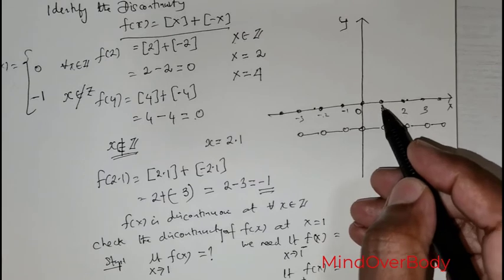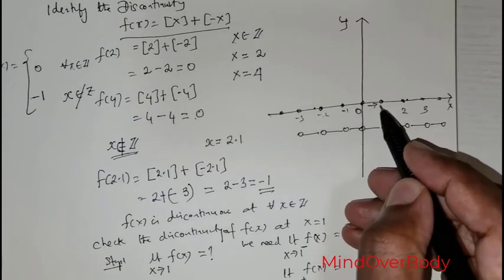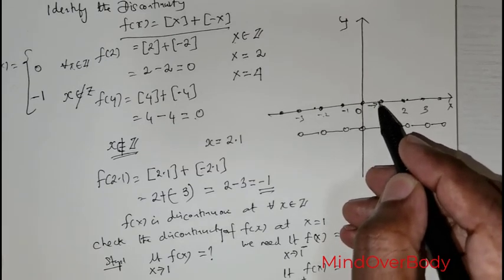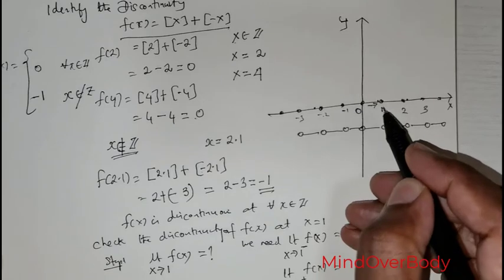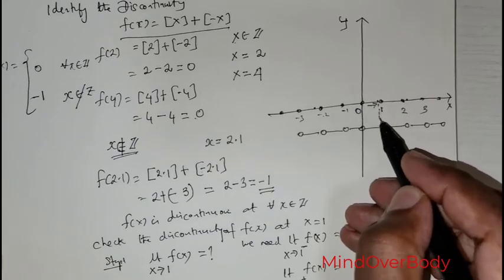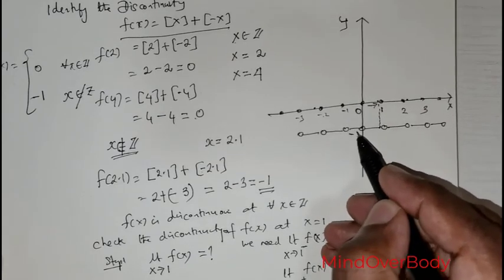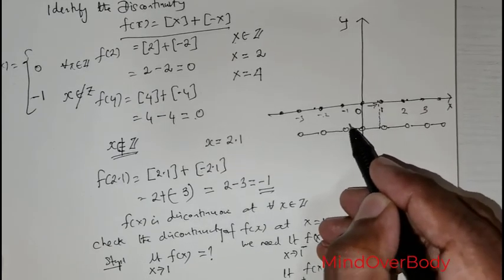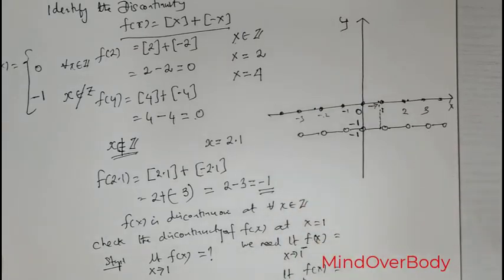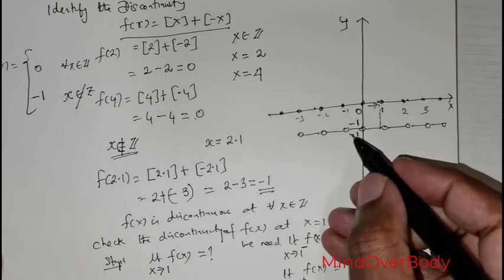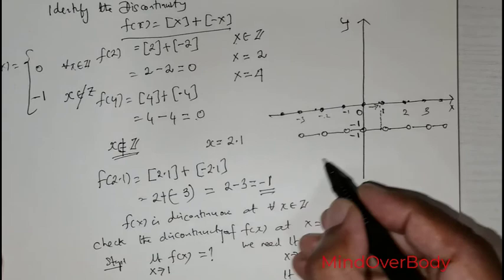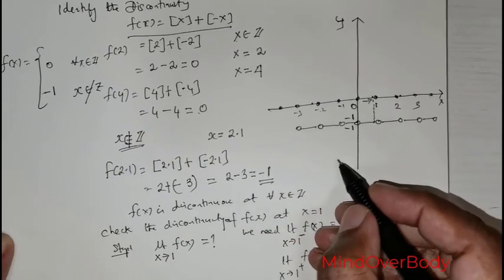Now x is moving towards 1 from the left side. So if you were to take a point which is very close to 1 and drop the line down, it is going to meet at a point negative 1. So this is actually negative 1, right? Because for all points which are non-integers, the outcome is going to be negative 1. That's the reason I've drawn this line.